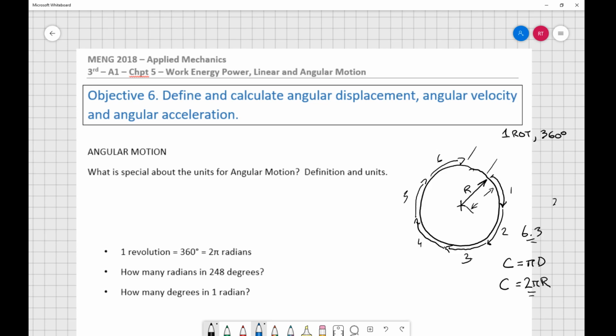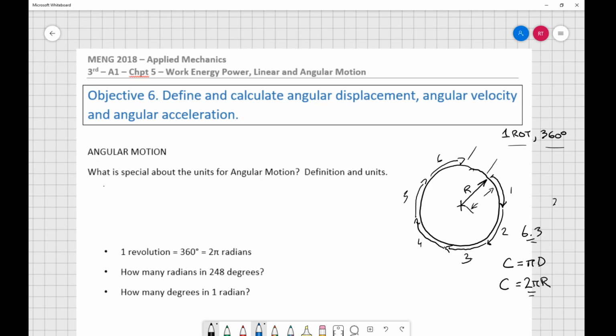We use radians for our calculations for most of the material in this unit. A radian is essentially a measure of rotation, like degrees, but it works out for the math in all of our equations. One rotation is 2 pi radians. So what's special about the units for angular motion?